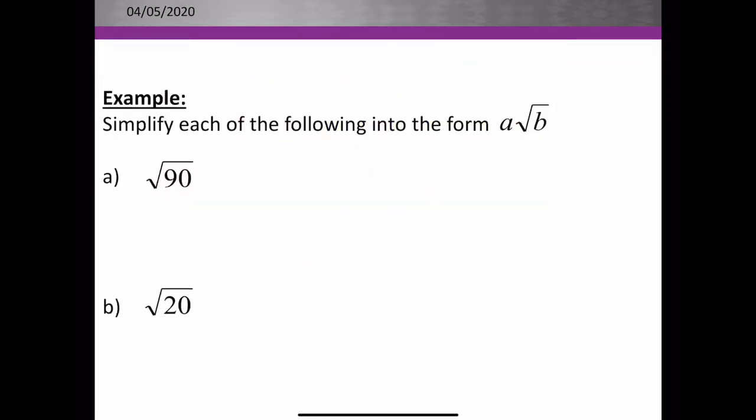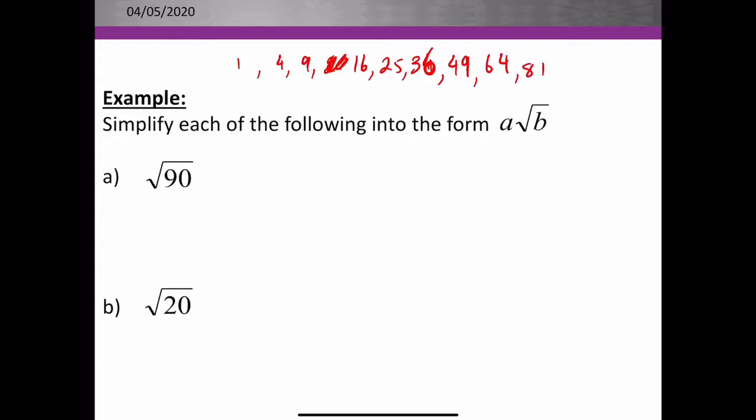Same again for square root 90. What is the biggest possible square number that can go into it? So you write again your square numbers: 1, 4, 9, 16, 25, 36, 49, 64. The biggest possible square number that goes into 90 is the number 9.